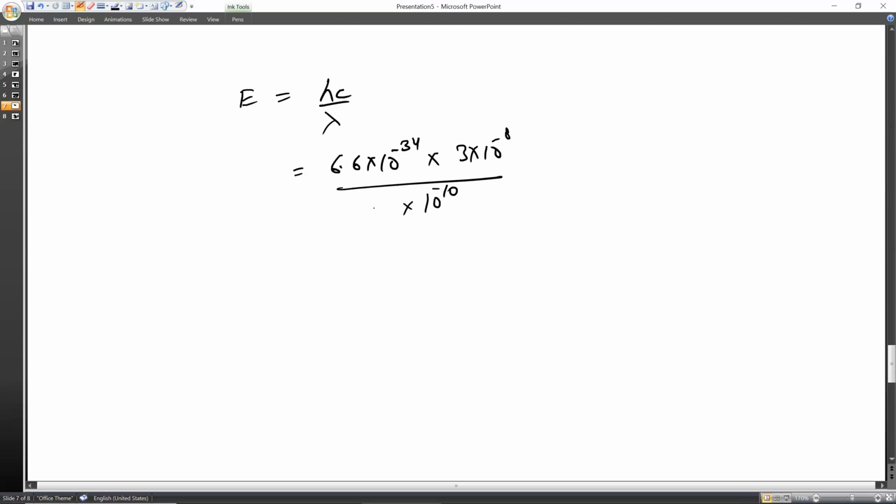So when you solve this one, 34 minus, you will get 24, and 24 minus 8, and when you multiply this one by 6.6, you will get approximately 19.8, and 19.8 is approximately equal to 2.0.